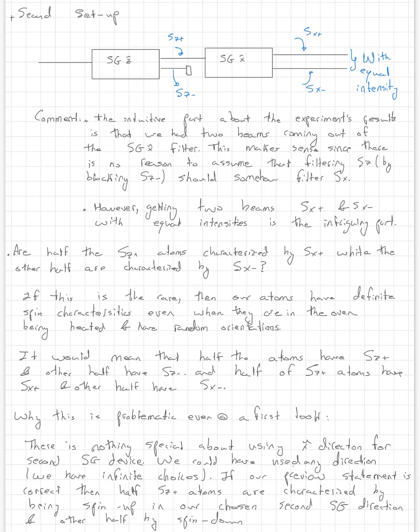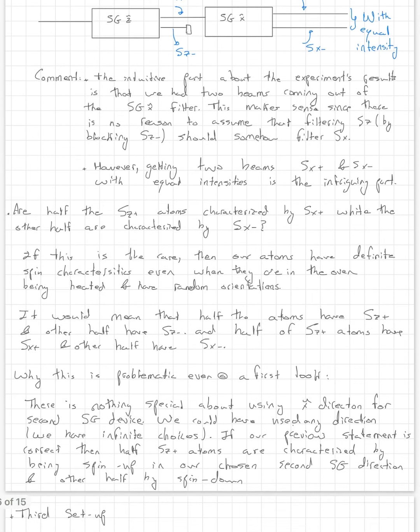However, the two beams having exactly equal intensity is actually the intriguing part. Why is it that when we passed a spin-up Z component beam through an SGX filter, we got equal amounts of SX plus and SX minus? So there's something weird going on.